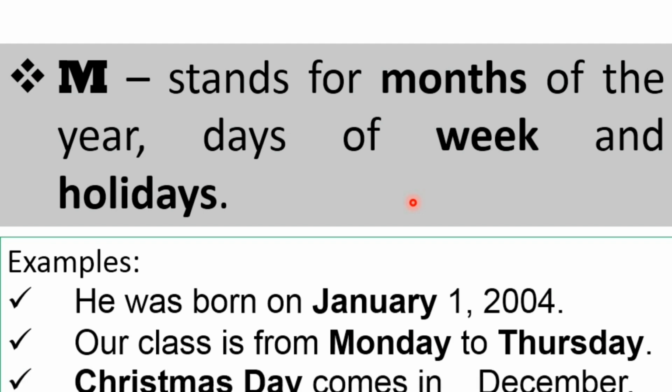We have Christmas Day as our holiday in that example. And C in Christmas and of course D in Day are both capitalized. This is our holiday. So that is for M. Stands for months of the year, days of the week, and holidays.